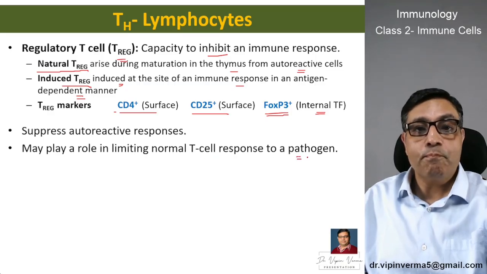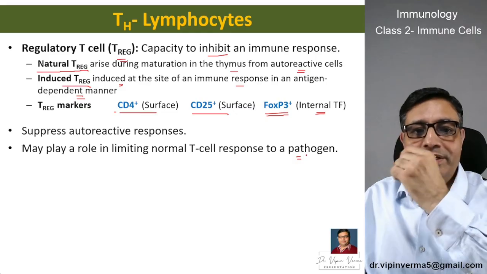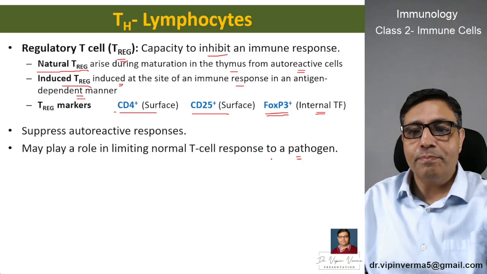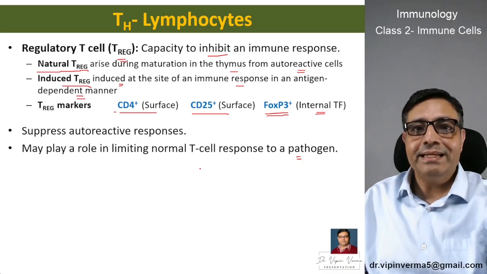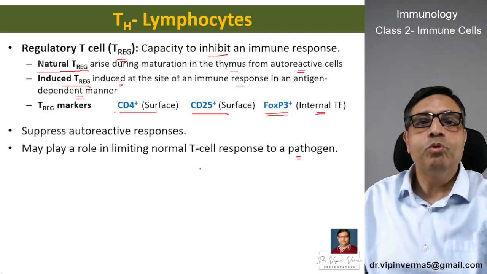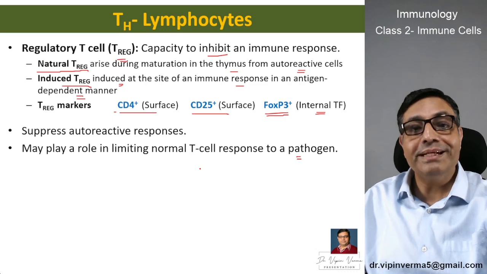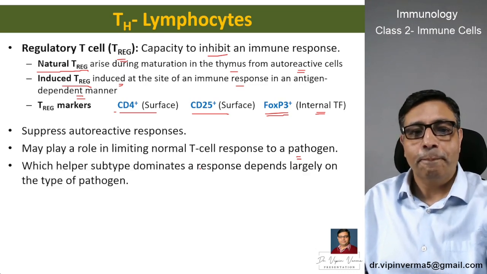So they are pretty important for our immune response, because they are limiting the normal T cell response to a pathogen. Otherwise, T cells will keep responding, and it may cause immune dysfunction. So they control the immune dysfunction, and they optimize the immune response.